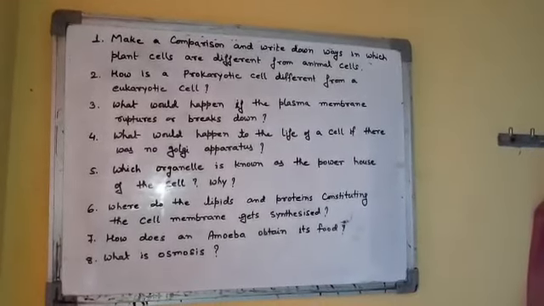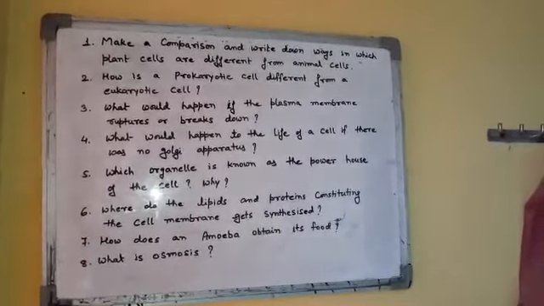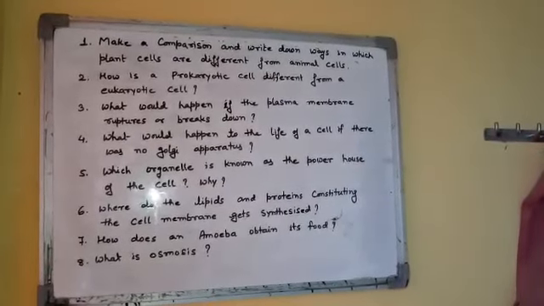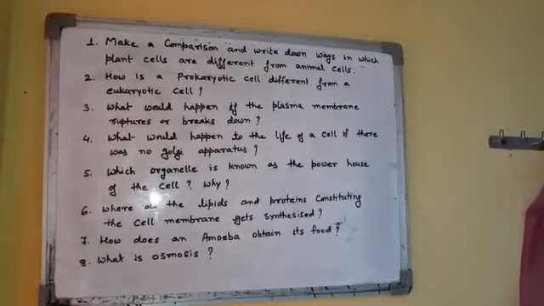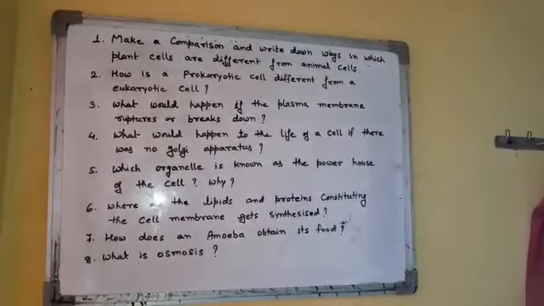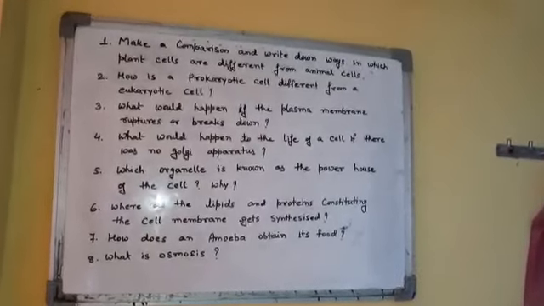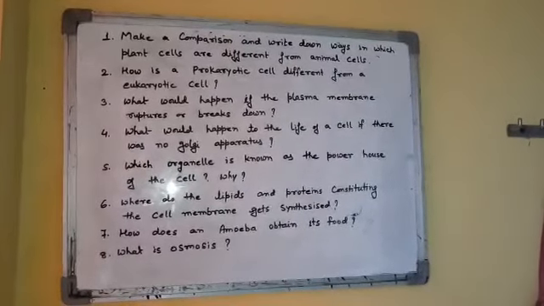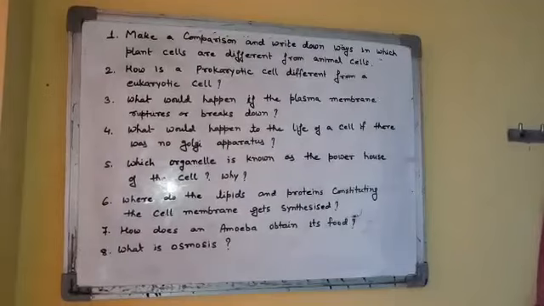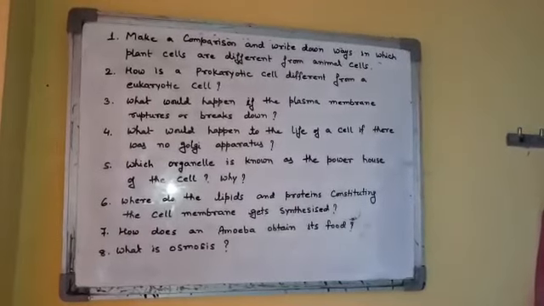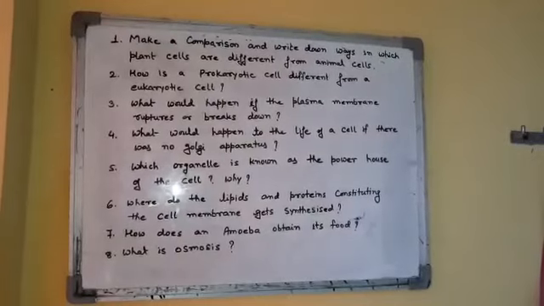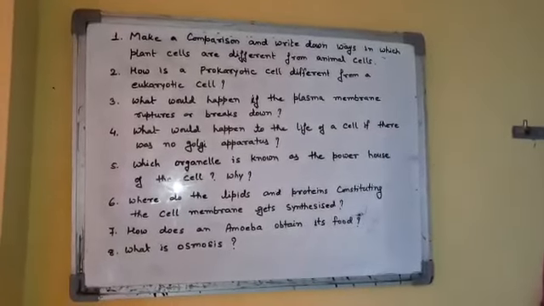The next question is asking, what is osmosis? So you will explain the term osmosis, you will define it, you will give examples, and also you will explain the types of osmosis. What are different types of osmosis, and what is the criteria on which these two types depend.